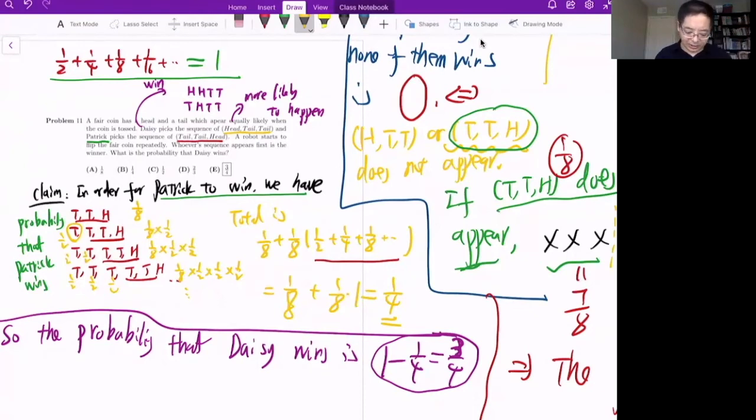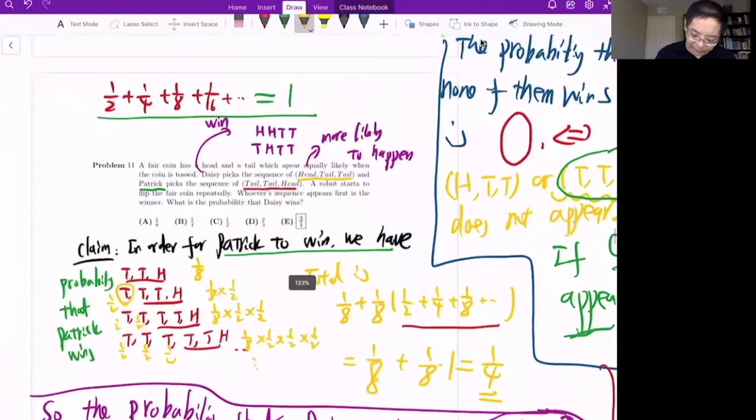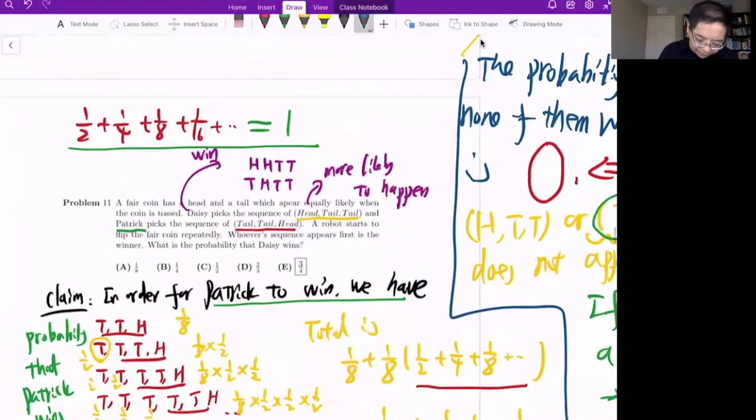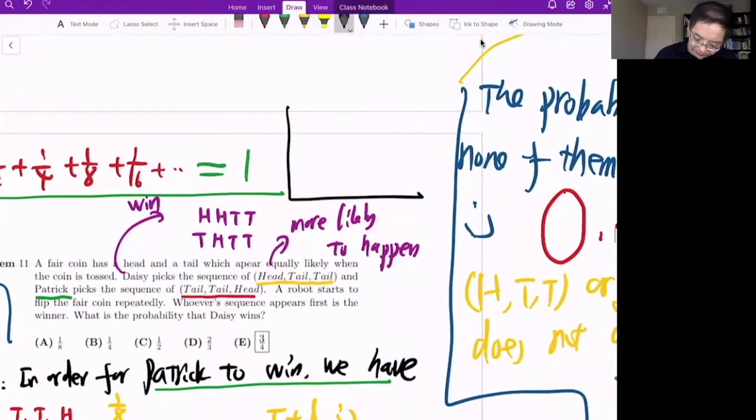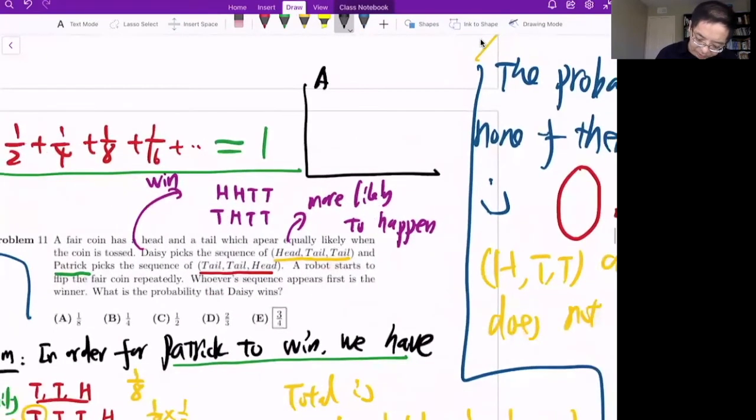All right, so finally, I want to mention this problem is a special example of the so-called Penny's game.